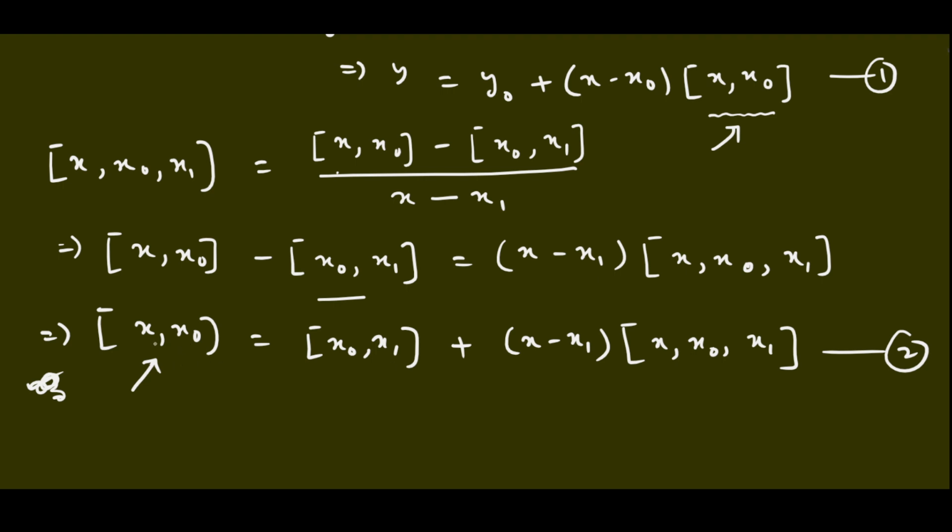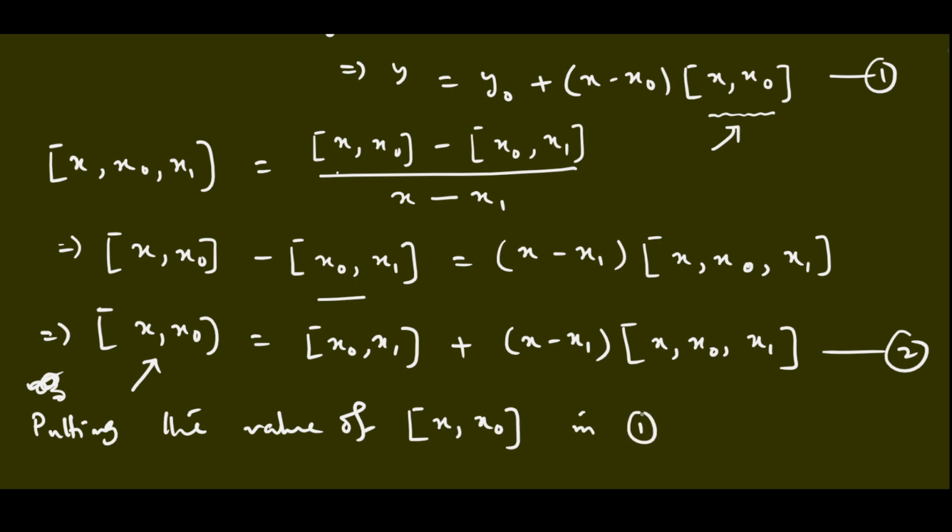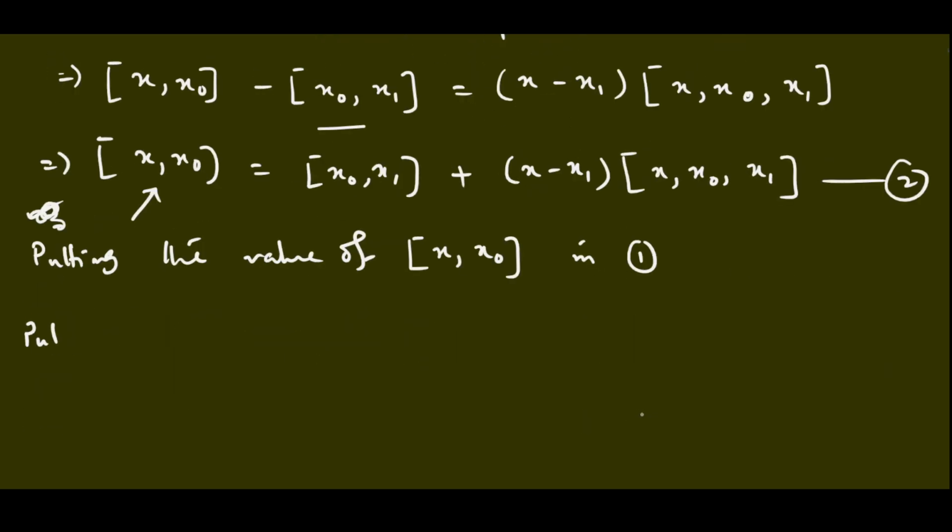x, first difference between x and x naught. So this particular term, putting the value of x comma x naught in equation 1. If we put this particular value, what will equation 1 become now?